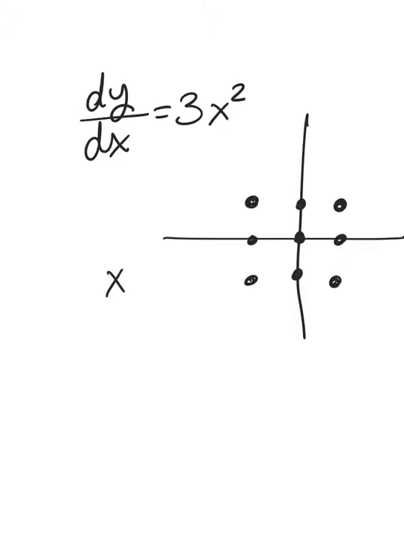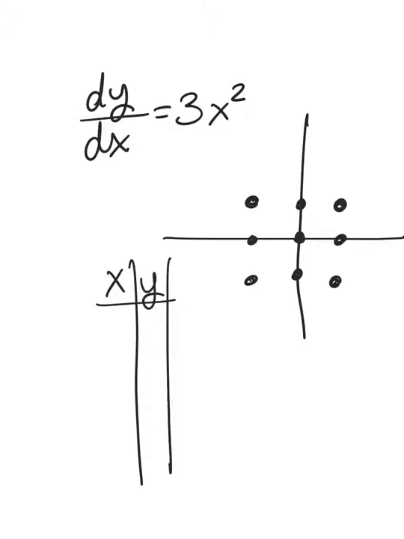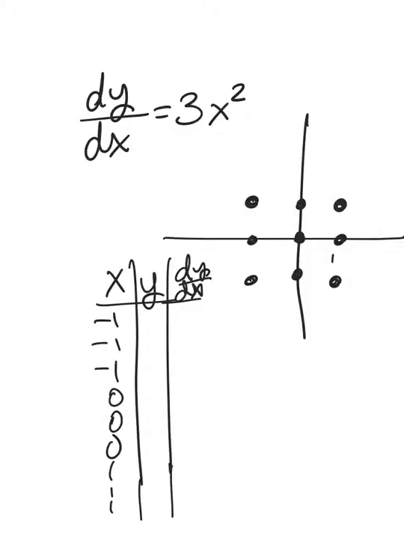So we did x, y, dy over dx. All these x's would be -1. Then we had x's of 0. And then these x's on the right were all of 1. The y's went from -1, 0, and 1.